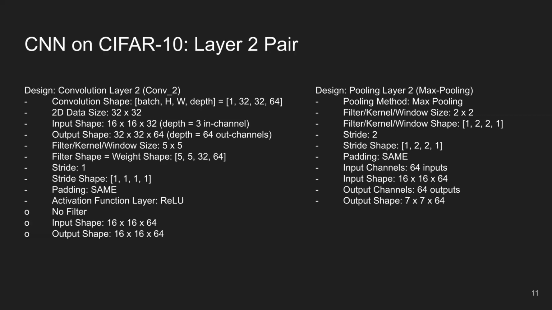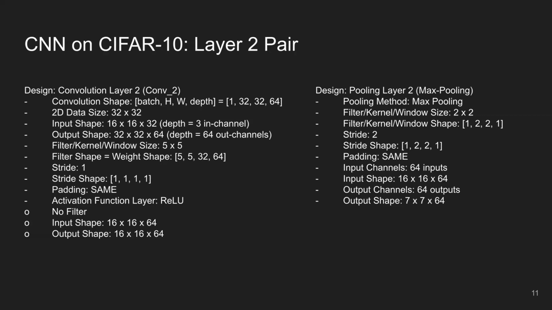The kernel was set at 5 by 5 with the filter shape 5 by 5 by 32 by 64, again using a stride of 1, stride shape of 1 by 1 by 1 by 1 with padding the same, activation layer as ReLU, no filter applied there, and the input shape and output shape is stated.